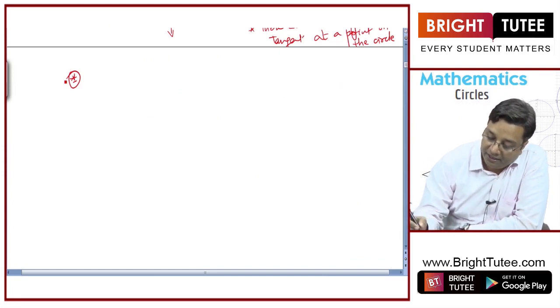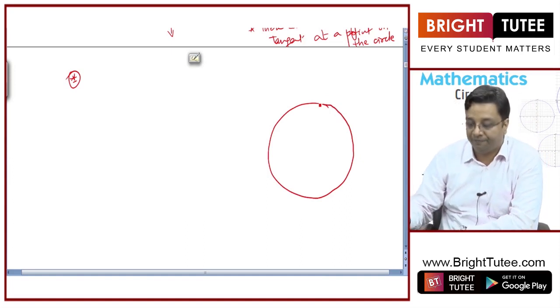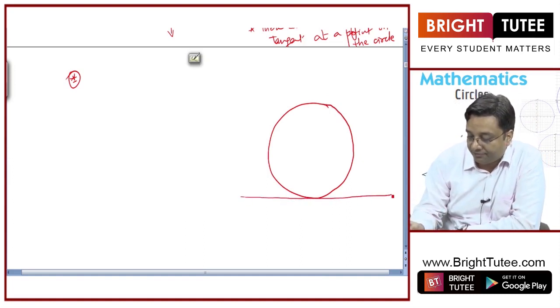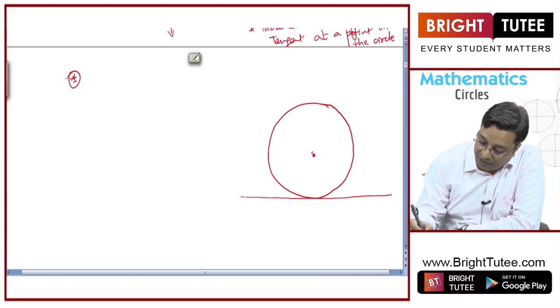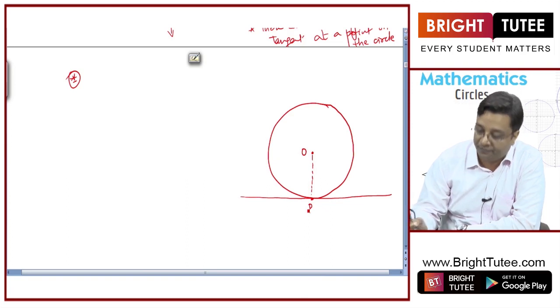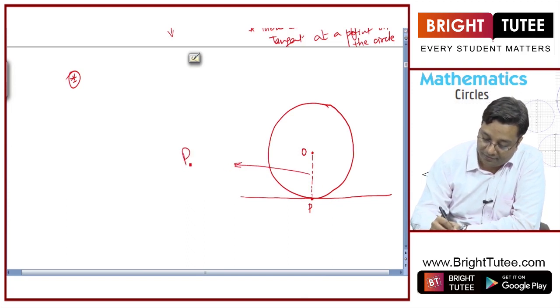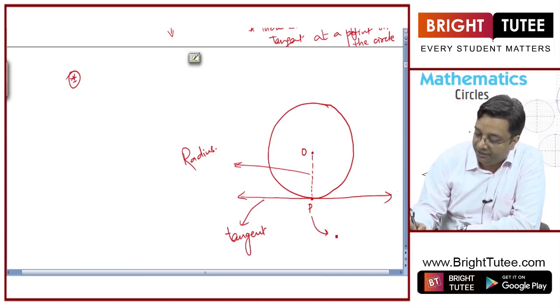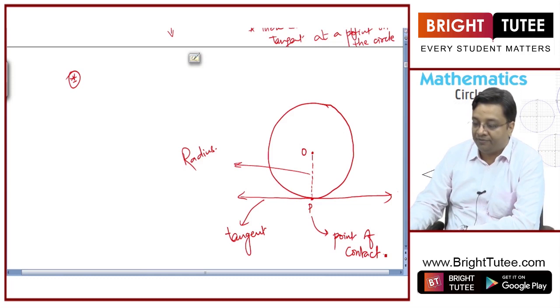Second thing is that if you have a circle, let's say this is my circle, okay, and you draw a tangent, right. If you join this point of contact with the center, let us say this is O, this is point P. Now this distance OP is the radius, right, and this line is tangent, and this point P is the point of contact, right.